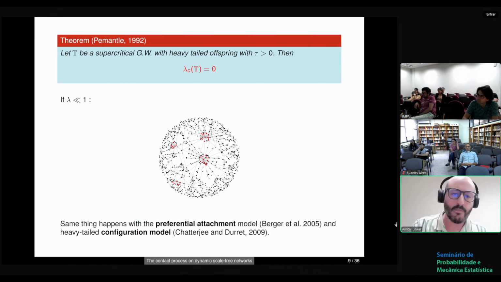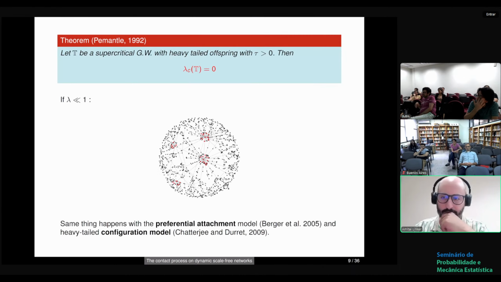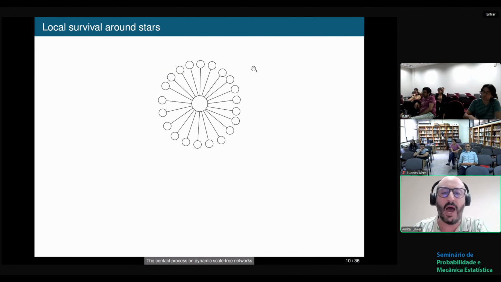Now you can ask, how does the infection survive for a long time? As we can see in this drawing, we have to study what happens with the contact process around these hubs, these influencers. You can think of it as a central vertex with many neighbors, which are not connected, just for the sake of simplicity.